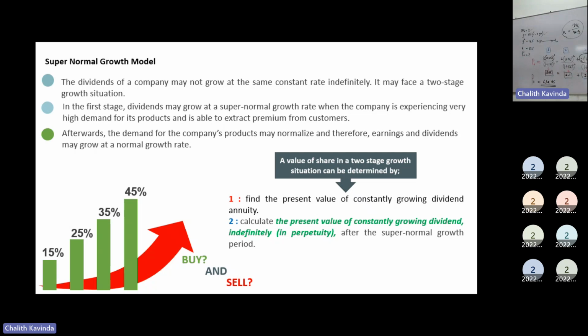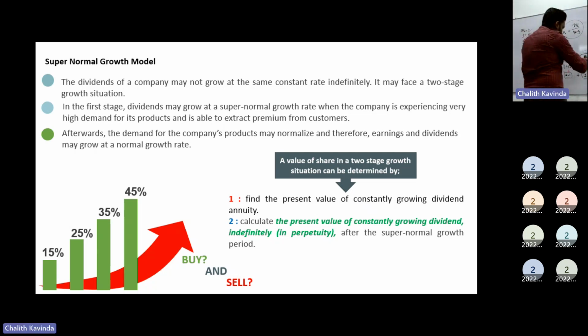So this is how you calculate the price of the share in a supernormal growth model. You need to find the present value of the constantly growing dividends. Then calculate the present value of the dividends if they are paid in perpetuity after the supernormal growth period. These are the two things.